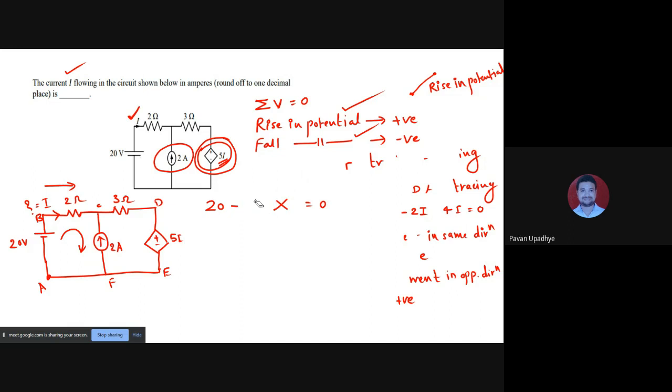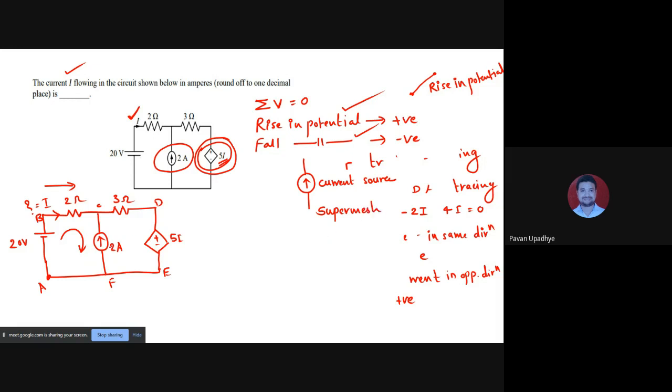So let me tell you, here is one such concluding point again. Whenever you have a vertical branch, by the word vertical I mean a branch common in two loops, having a current source, then the two loops actually are called one single loop or one single mesh, and that mesh is called a super mesh.